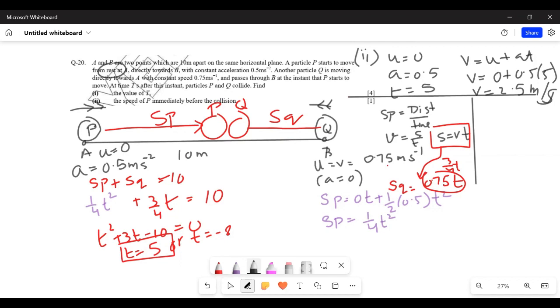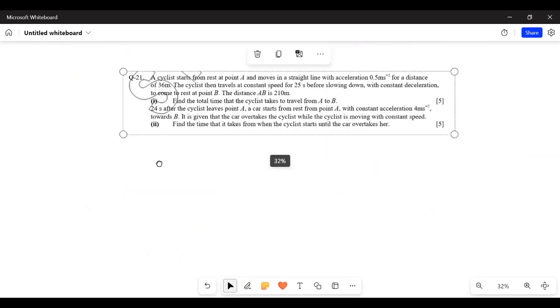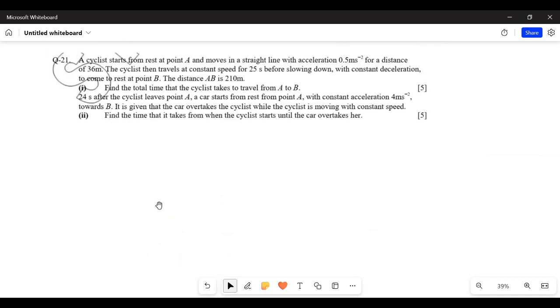Okay, question 21. Last question of this worksheet. A cyclist starts from rest at point A and moves in a straight line with acceleration 0.5 meters per second squared for a distance of 36 meters.